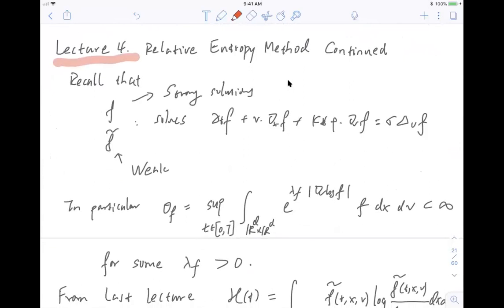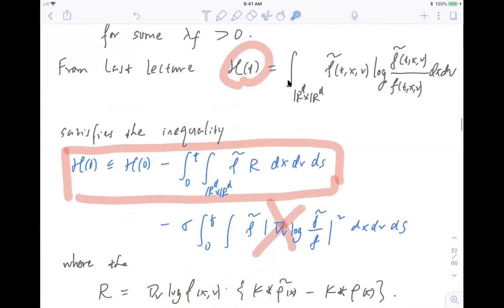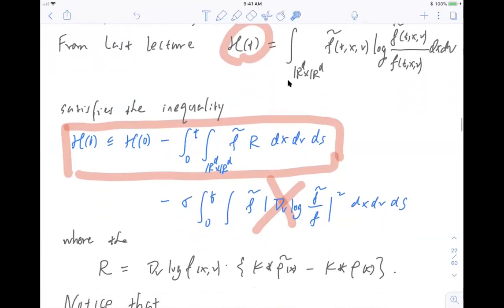Okay. So we use the relative entropy HT to compare two solutions, F tilde, which is the weak solution, and F, the classical solution. The relative entropy HT satisfies the following inequality.